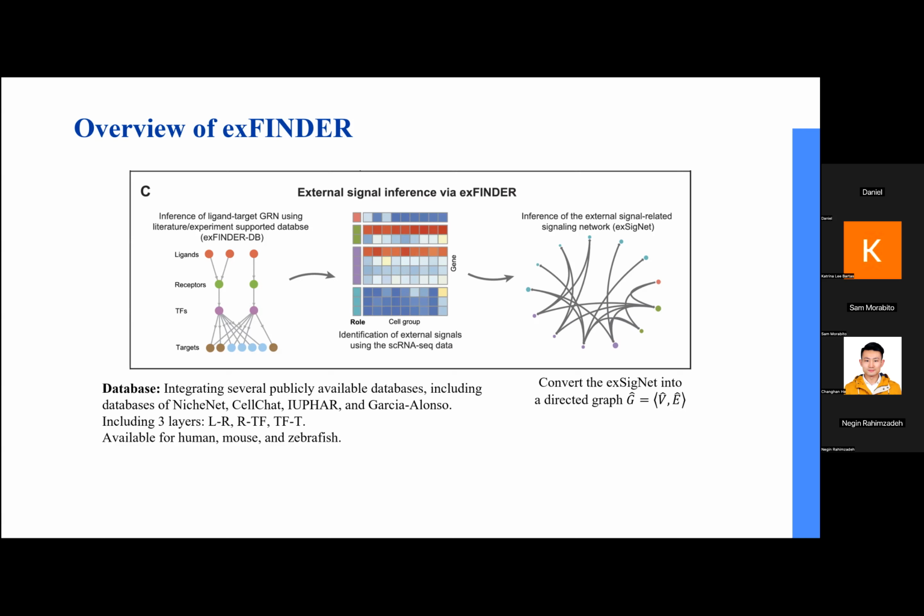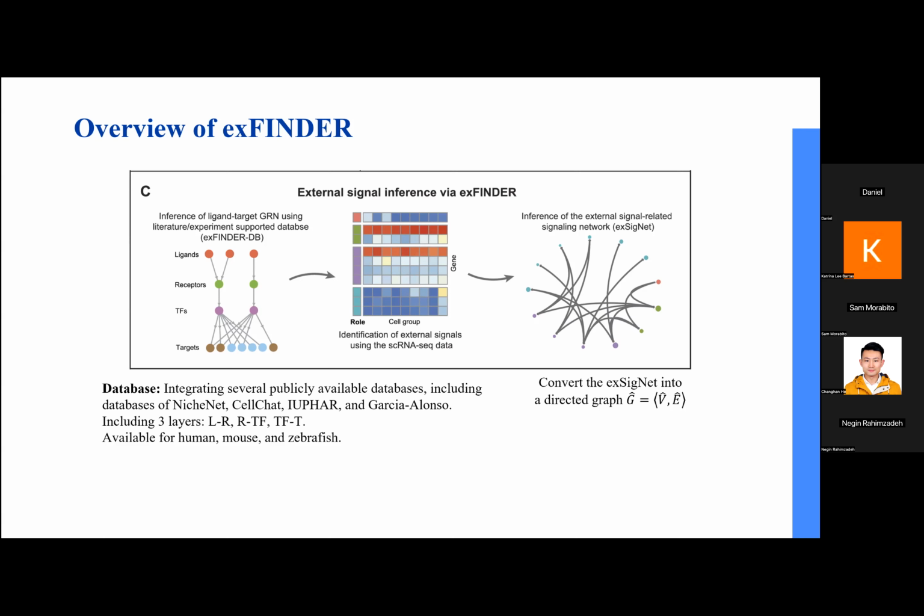And then the rest of the databases are mainly about human, while the exFINDER database is available for human, mouse, and zebrafish. The database mainly includes three big tables, one table for each layer.